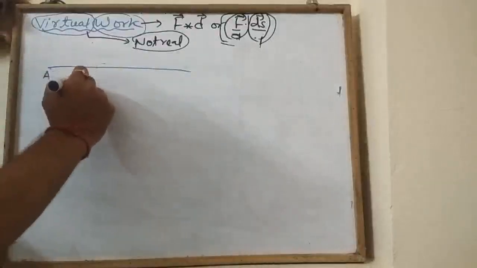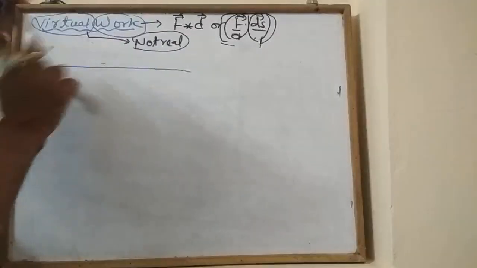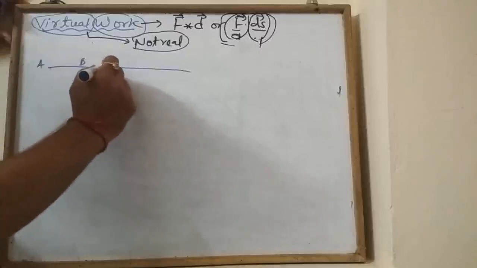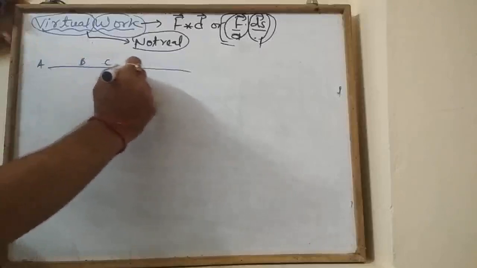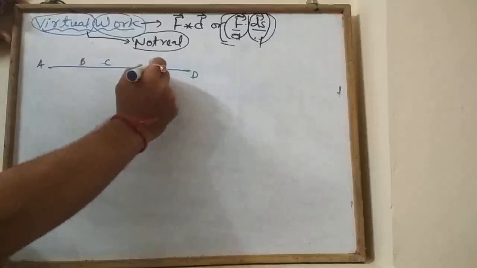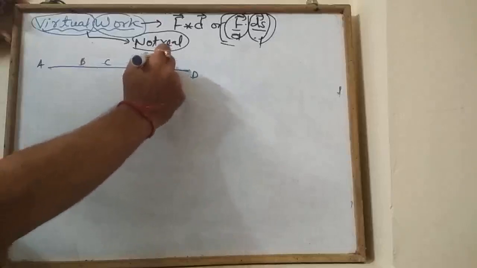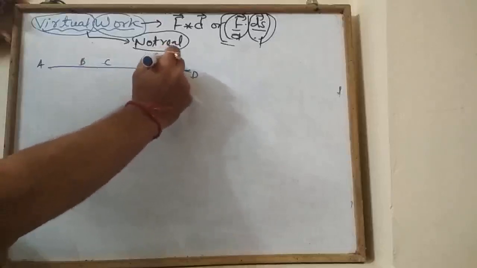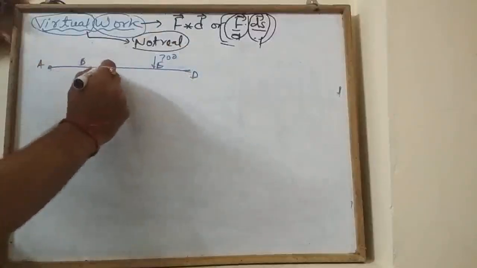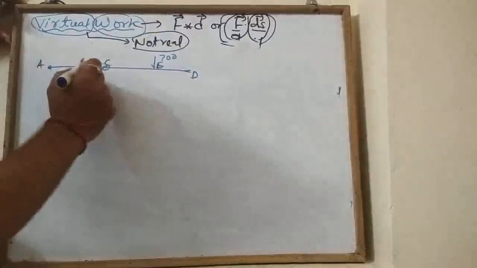A, B, C, D, E. Now this is the beam. At C there is a hinge.